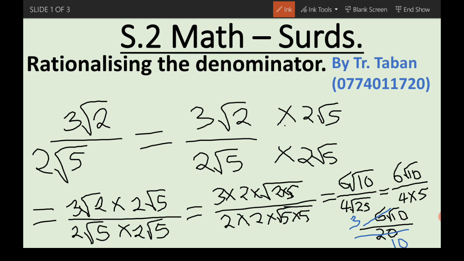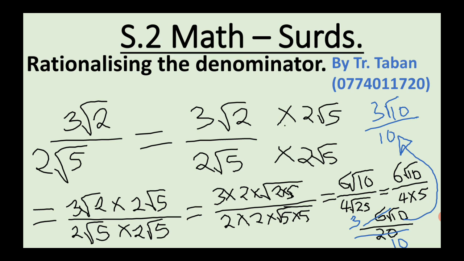And our final answer therefore becomes 3 root of 10 divided by 10. That is our final answer. So that is what we looked at in the previous lesson.